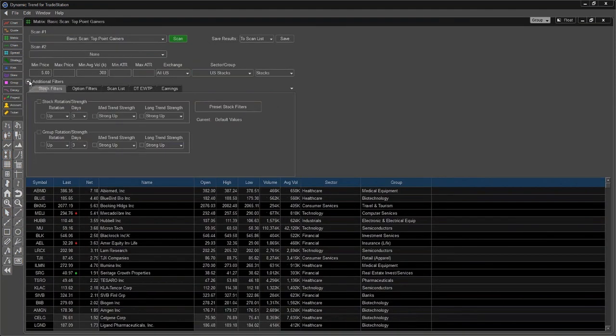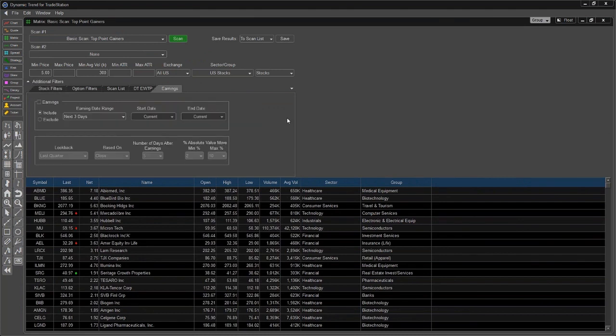And under Advanced Filters, the last tab is Earnings. And so this is kind of a new feature for us. This is actually not out yet. It's sort of out in a sense that you can look for earnings on a specific date, or today before the open, after the close, tomorrow.